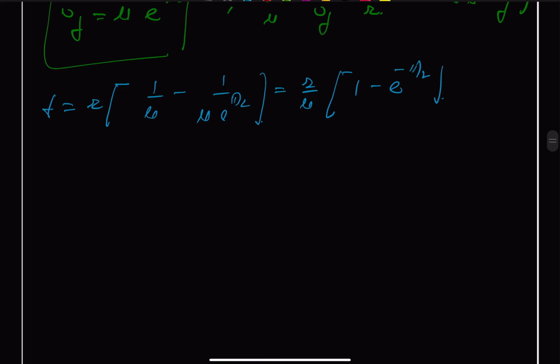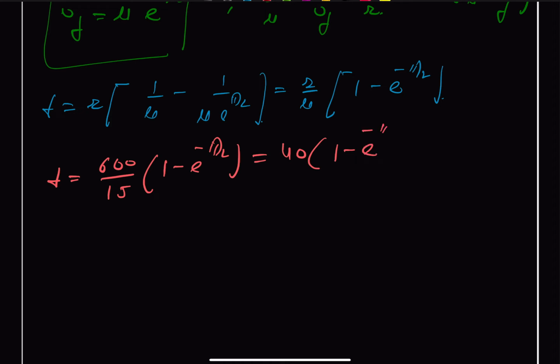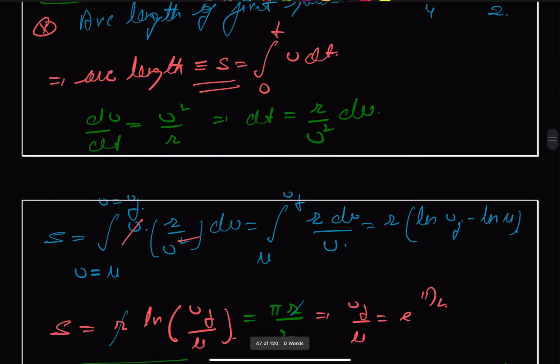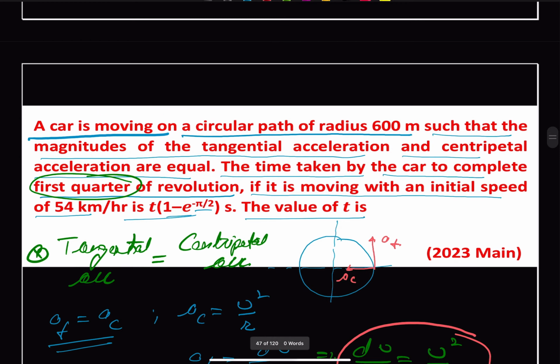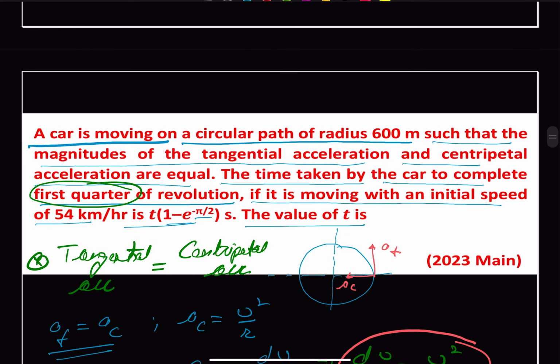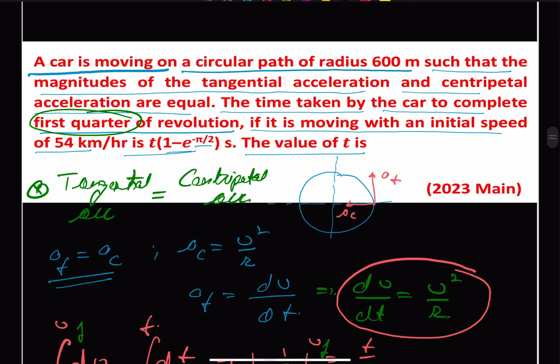We substitute the values of r and u. We get that t is equal to 600 upon 15 times 1 minus e raised to the power minus pi by 2, and this comes as 40 times 1 minus e to the power minus pi by 2, and the given equation is t times, okay, I forgot to change one thing, that it is given as 54 km per hour, and this is in meters and seconds.